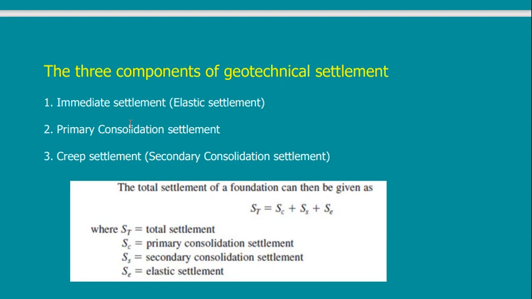What is consolidation settlement? The example of the consolidation settlement we said is for which type of soil? The opposite this time. Clay. So consolidation settlement happens with clay. Why does it happen with clay? Because clay has a very low permeability and the settlement will be delayed a little bit.